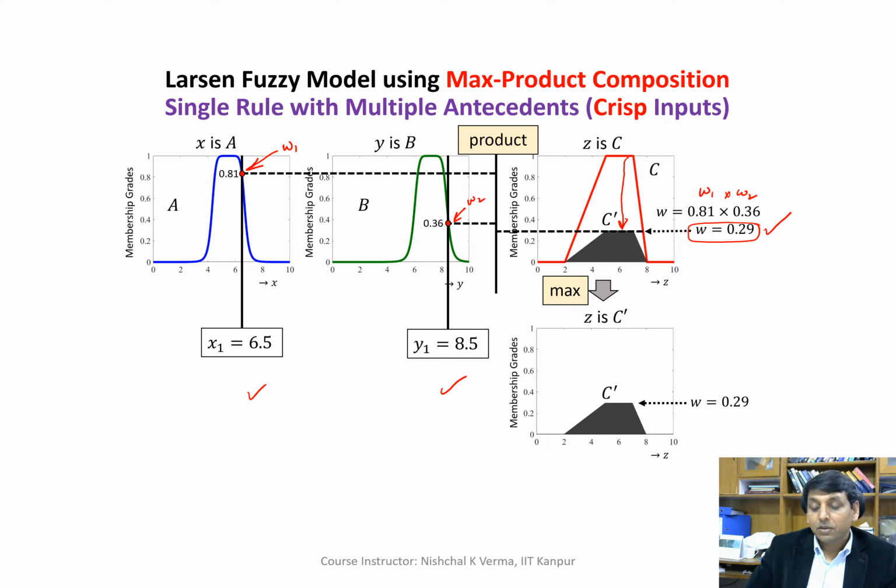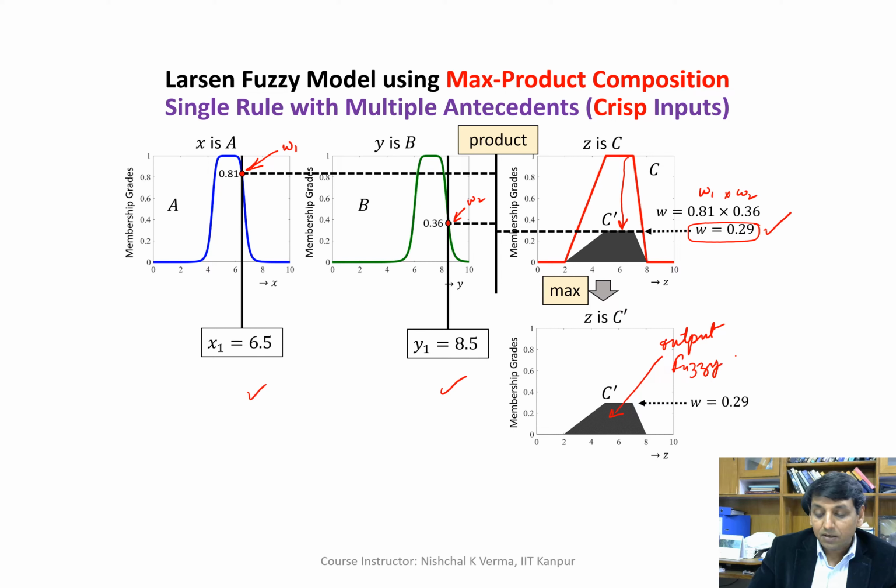So this way we scale down the output fuzzy set, and we have already seen how we write the final output.